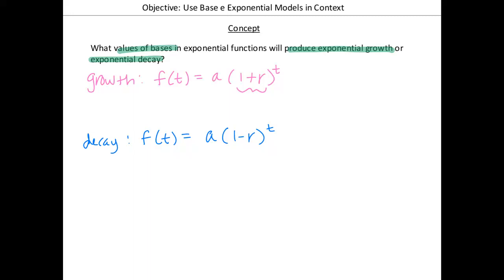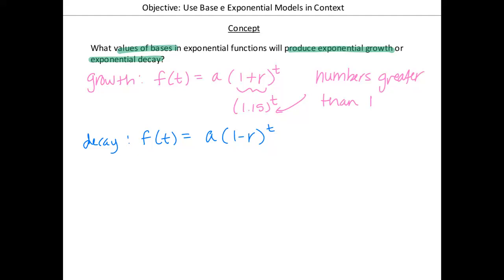It's a 1 plus r, so I'm adding to 1. So remember, this one we had like a 1.15 to the t power, for example. So the numbers inside the parentheses, the base, are numbers greater than 1. Would produce an exponential growth.